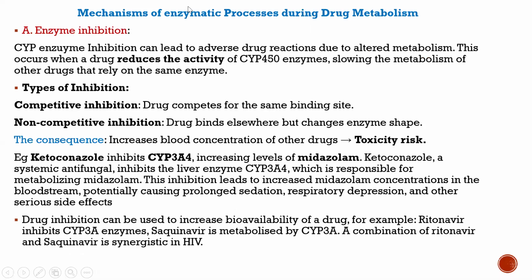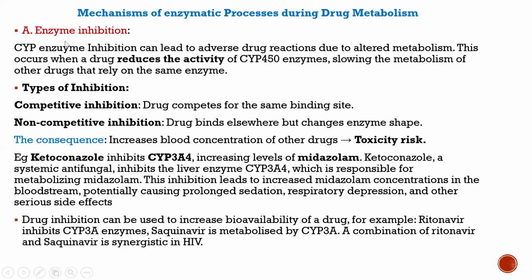Next we have mechanisms of enzymatic processes that affect metabolism. There are three different mechanisms: enzyme inhibition, enzyme induction, and auto-induction. We need to discuss how drugs react to this cytochrome P450 enzyme. Some drugs can inhibit it, and some drugs can induce it.